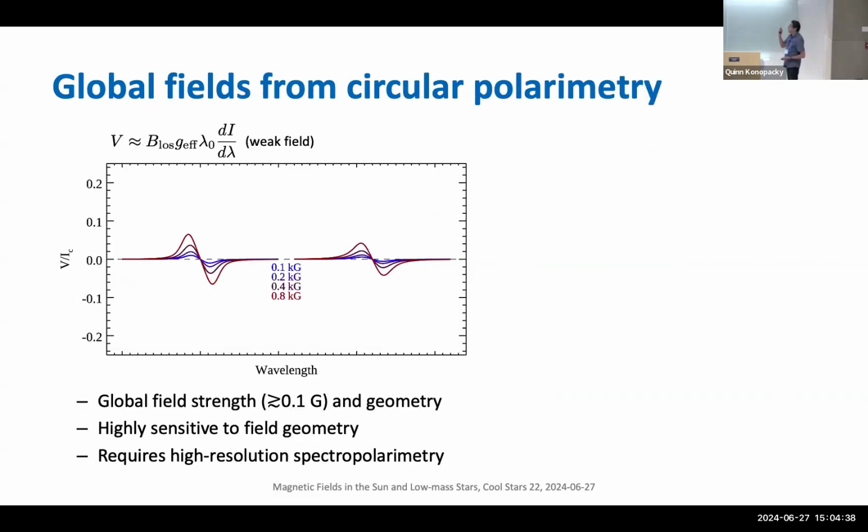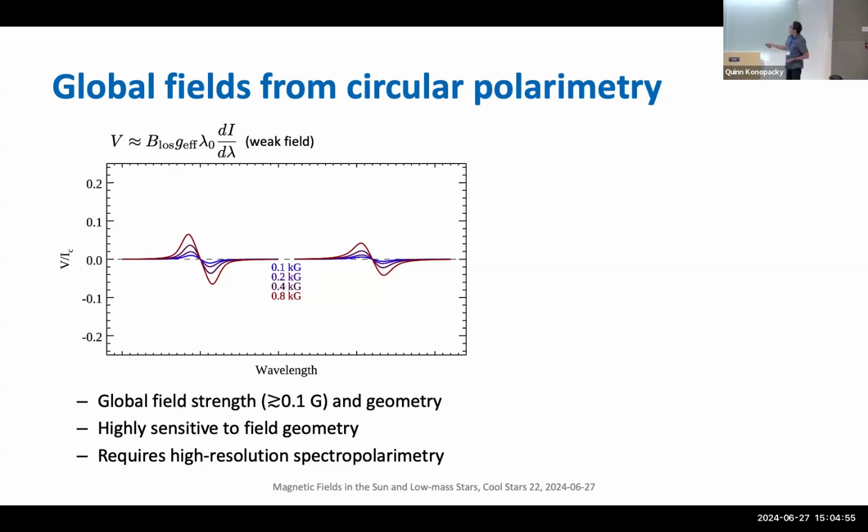Now let's turn our attention to the second direct measurement method, namely deriving global magnetic fields from spectropolarimetry. So this is the same two lines for different line of sight magnetic field.